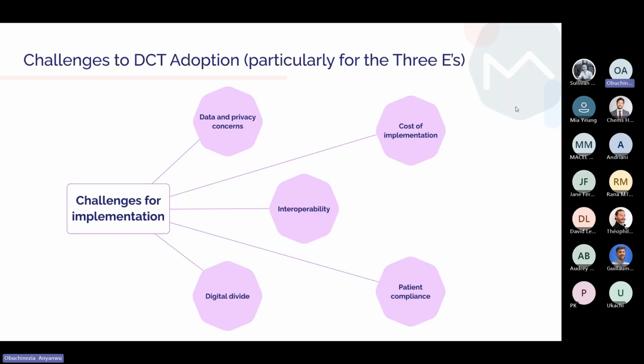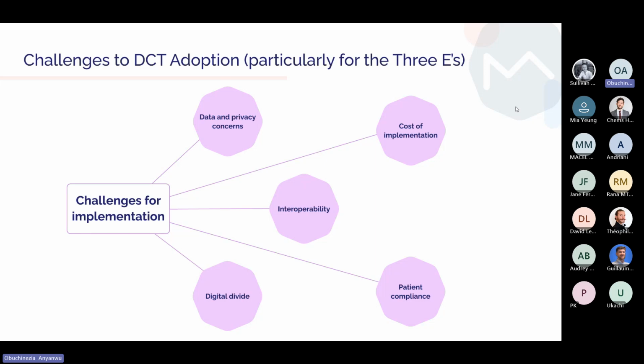Also, the cost of implementation. So the cost in some cases can run into the billions as well, which can serve as a barrier for widespread use. And we have interoperability, which is connected to the cost of implementation. In fact, interoperability is one of the key drivers for high costs.